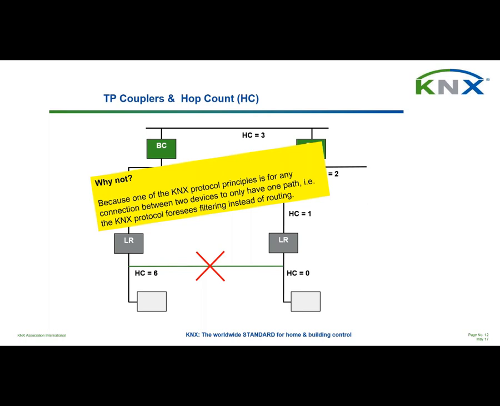That is because of one of the KNX protocol principles, that for any connection between two devices, there shall be only one path. Concretely, it means that the KNX protocol foresees filtering and not routing. And that is the reason why this should not be done.